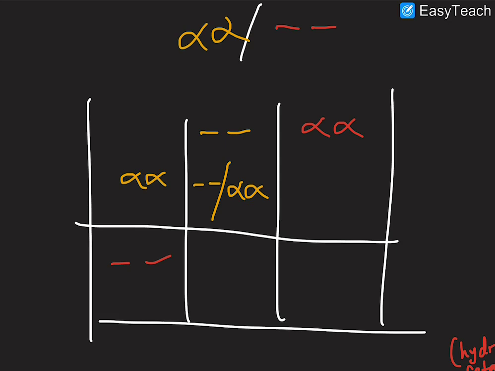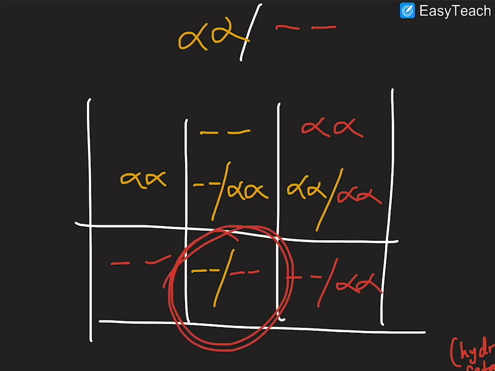Then this offspring will have two normal alpha genes from both parents. But then what about this offspring? This offspring will have two alpha gene deletions on one chromosome and two alpha gene deletions on the other chromosome. And then we can just draw this for this. So look at this offspring right here.